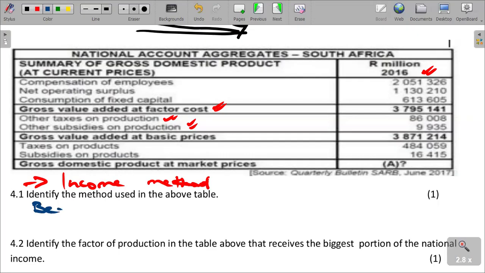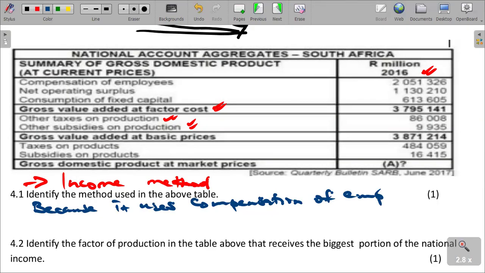Because it uses compensation of employees. We have compensation of employees, and operating surplus is also given here. We also have consumption of fixed capital.